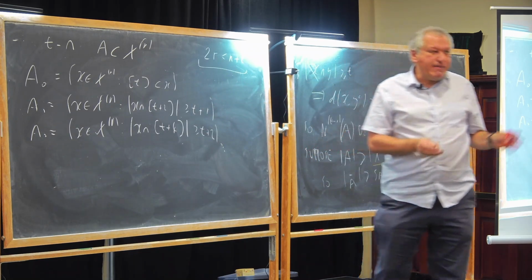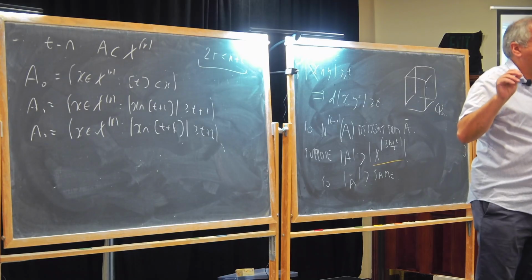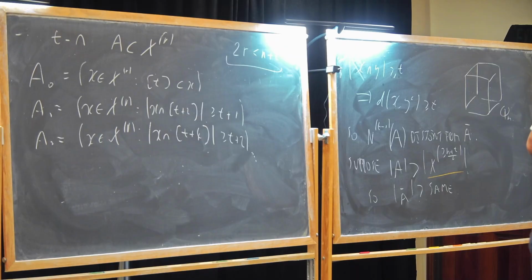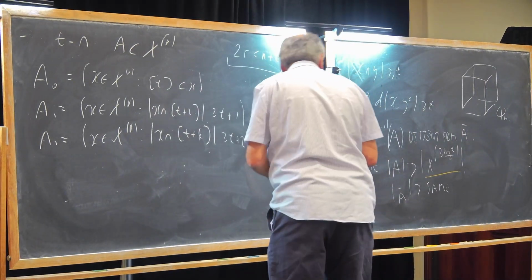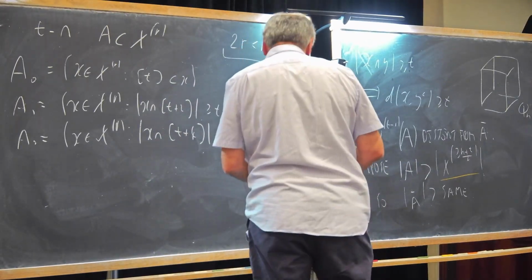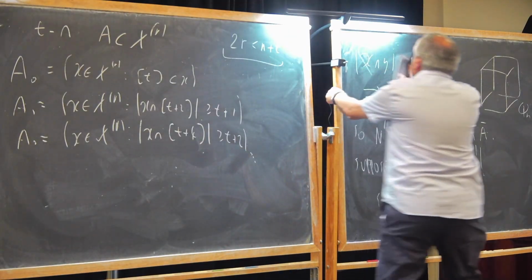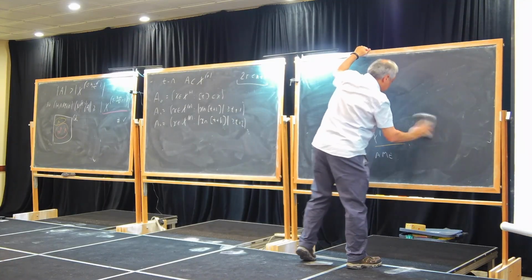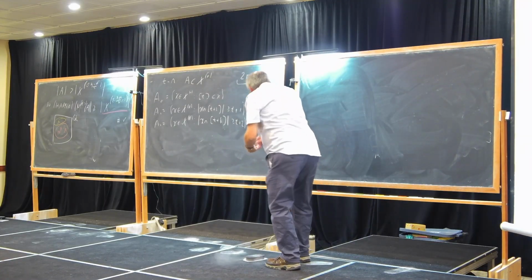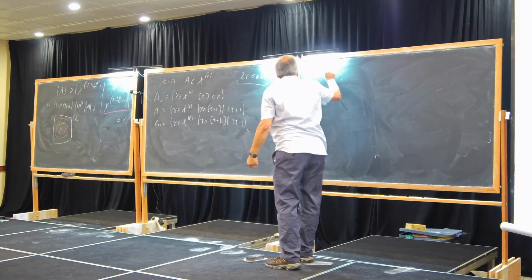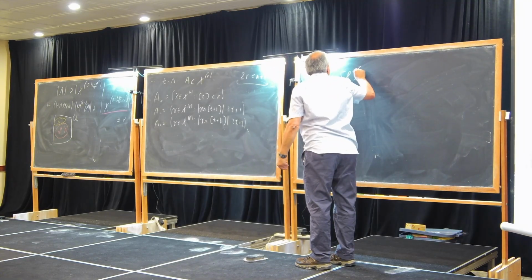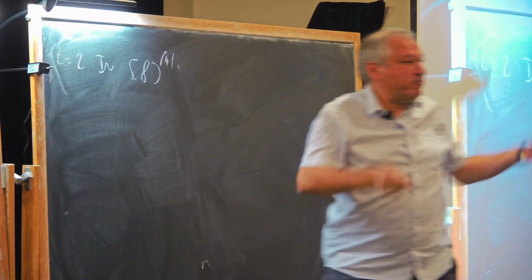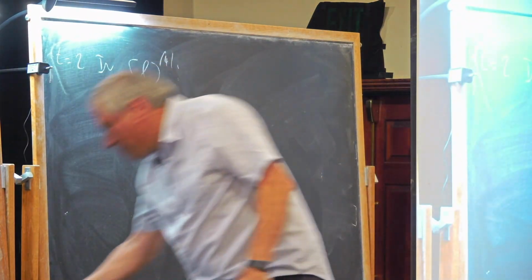We know about 1, so let's do 2-intersecting and say 4-sets from A. So let's try t equals 2 in square brackets 8, choose 4. Let's do the round and see what happens. We expect A0 not to win, but let's see what happens.